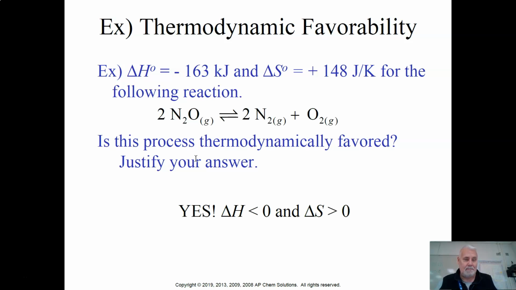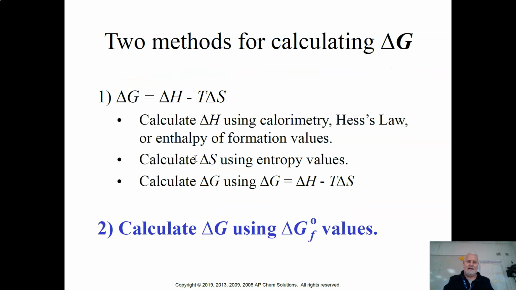You just go, yep, delta H is less than 0, and delta S is greater than 0, so it's thermodynamically favored at all temperatures. So you can see how much time that would save you on a question instead of trying to do some calculations. So that little table is a really good one to know.